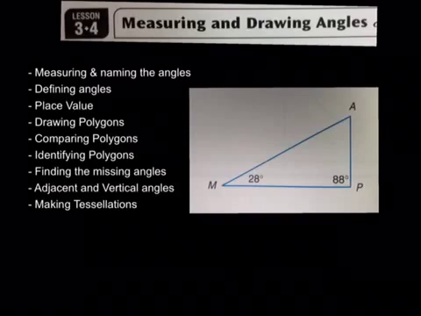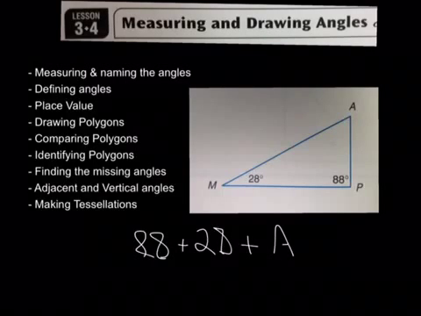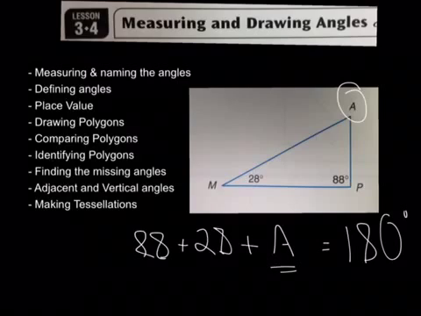Well, that would be simple to solve, because we need to have 88 plus 28 plus angle A, which is missing, equals 180 degrees. So what would be angle A? You can isolate this variable and invert these values to this side. So take the 28, subtract it from 180, take the 88 and subtract it from that number as well, and that'll give you your value of A.